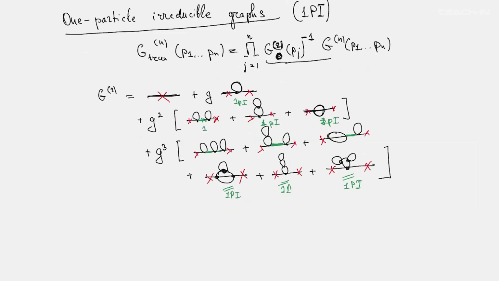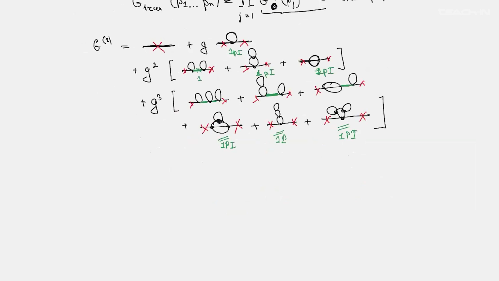Now, why is this important? What is the idea behind introducing this class of one-particle irreducible diagrams?